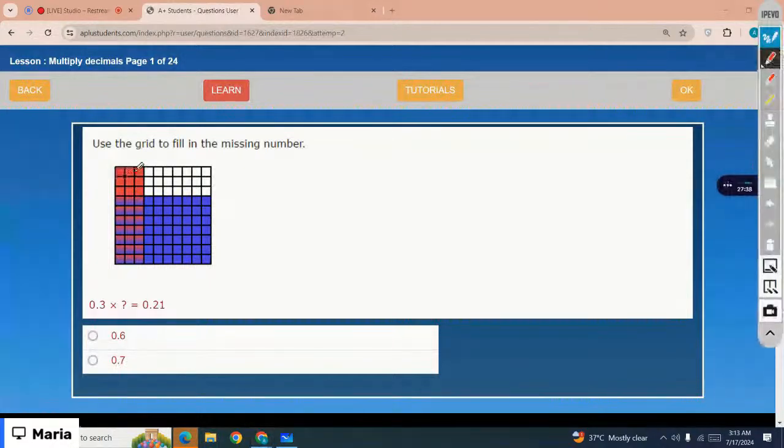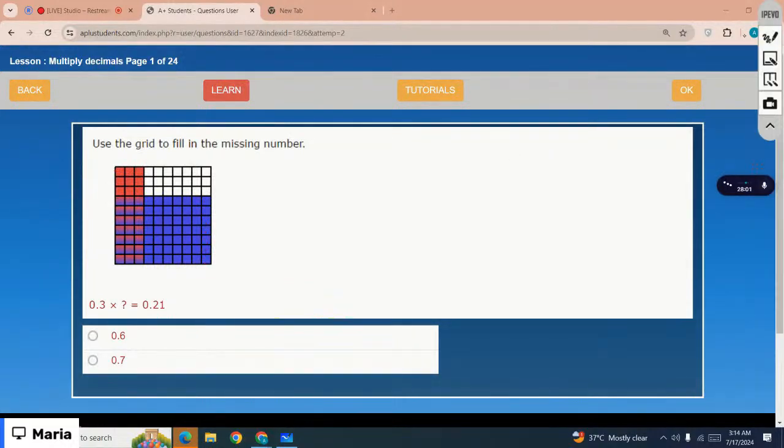The red color represents 0.3, so that means the other color represents the other missing number, that is 1, 2, 3, 4, 5, 6, 7. That would be 0.7. Option number 2 is the correct option.